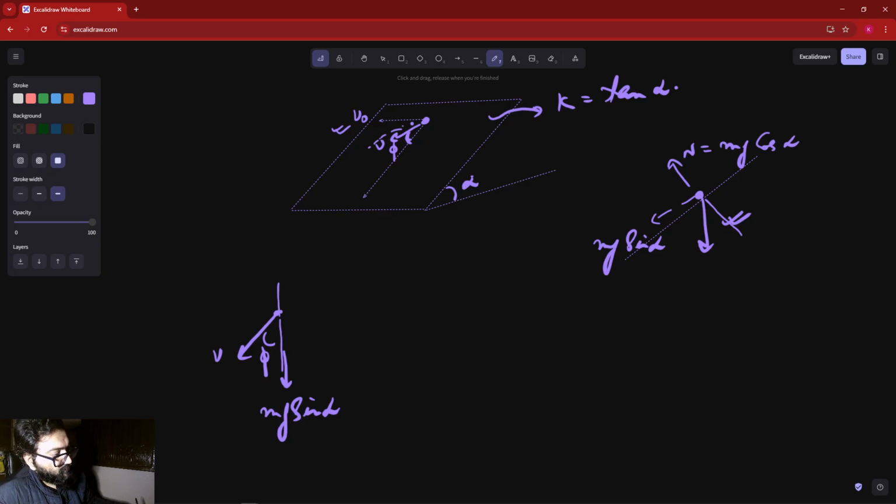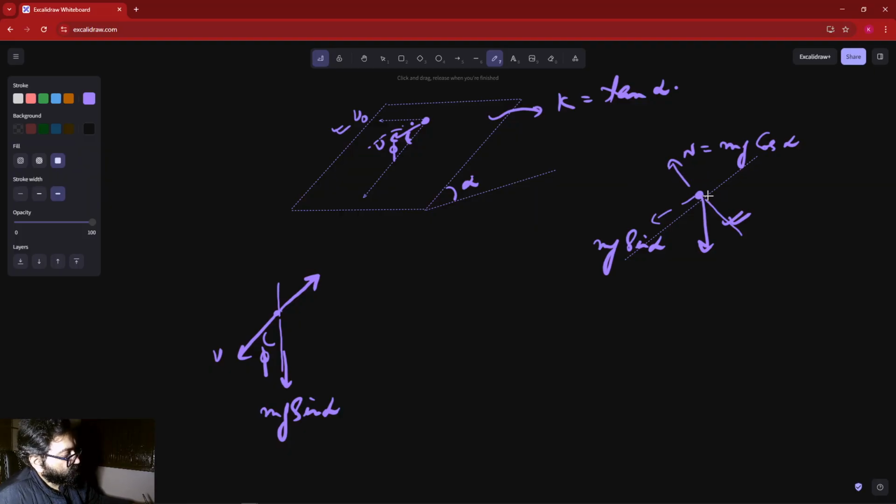There is some frictional force which is going to act in the direction opposite to my velocity vector, okay, and its magnitude will be equal to k times the normal force, right? I hope you are getting this. This is the normal force.